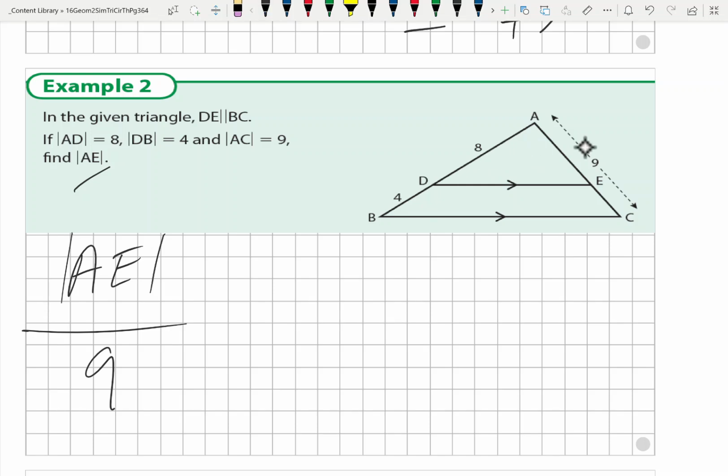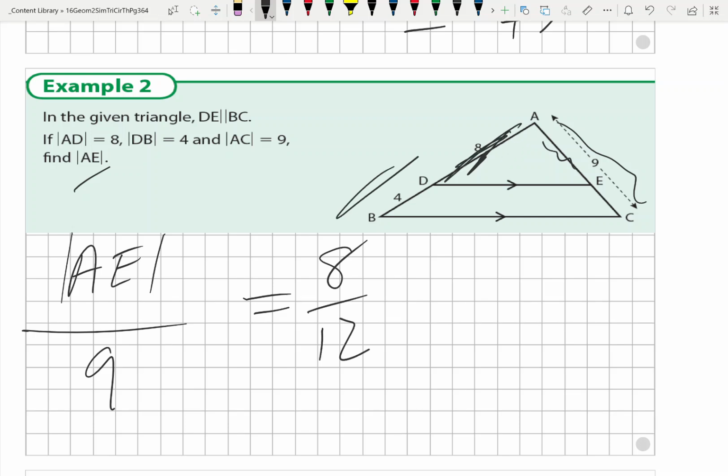So I have AE is to 9, which equals 8 is to 12, because these are the corresponding sides over here. And we're going from the small to big, so the 9 comes up. So what am I doing? I'm solving a linear equation. I'm solving a proportion, which is a very special type of linear equation, really easy to solve. Up comes the 9.